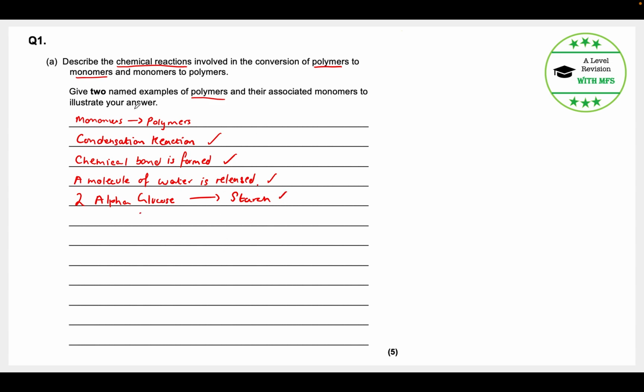Okay, now when we're going the other way around, polymers to monomers, what's happening here? So when we're going from monomers to polymers, we're using a condensation reaction. So the other side of the reaction will be a hydrolysis reaction. Okay, so we're gonna use a hydrolysis reaction.